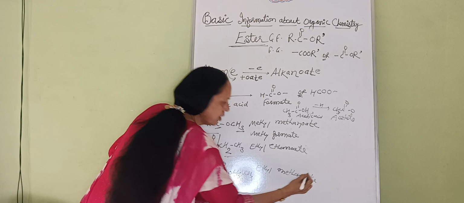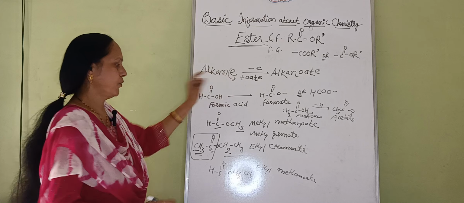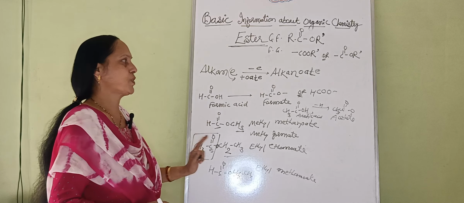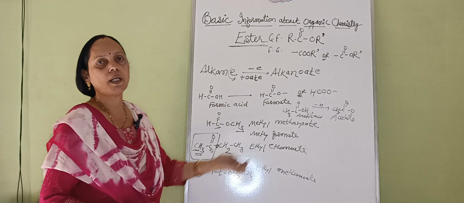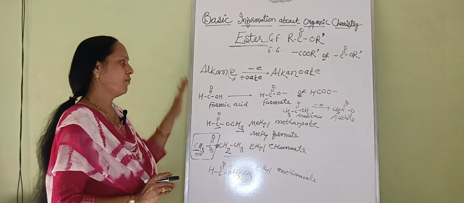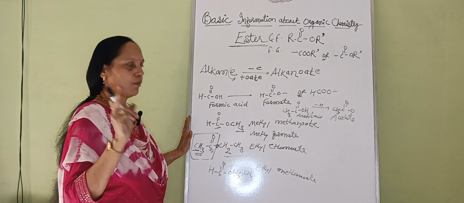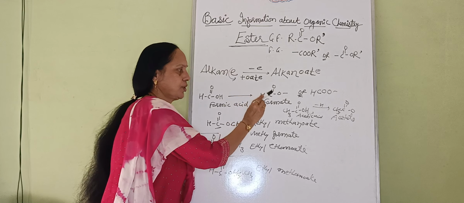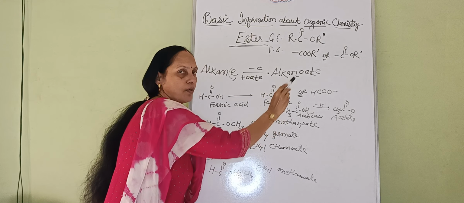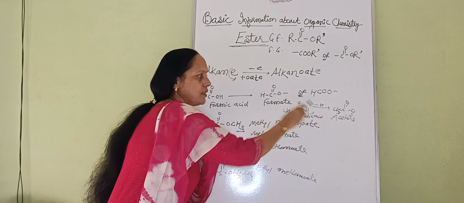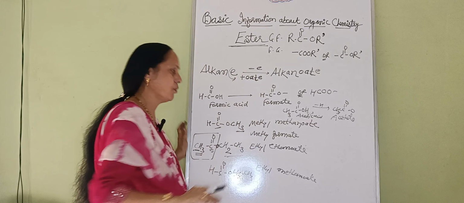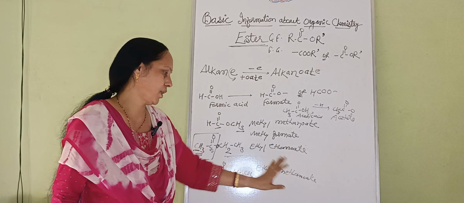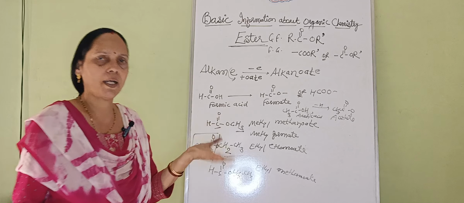Whenever we have a compound, we need to find out the number of carbons. Whichever alkyl group is there, the name is alkyl alkanoate: methyl methanoate, ethyl ethanoate. In this way we will get the ester compounds. Commonly, formic acid is converted into formate and acetic acid is converted into acetate, so these are the common names. For IUPAC nomenclature, we need to write methyl methanoate, ethyl ethanoate, or propyl butanoate.